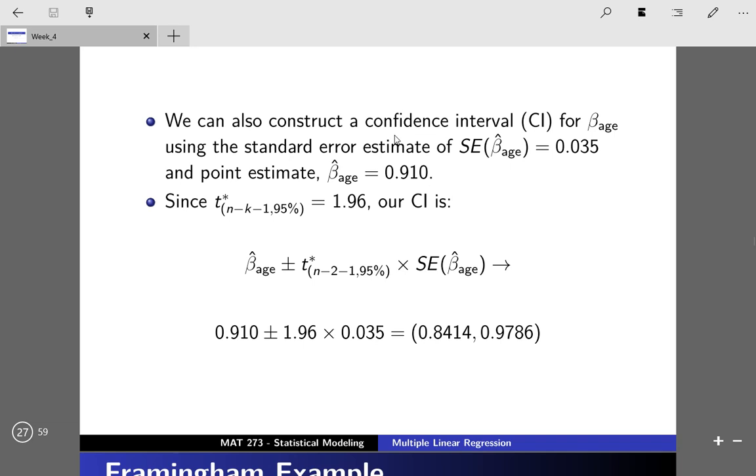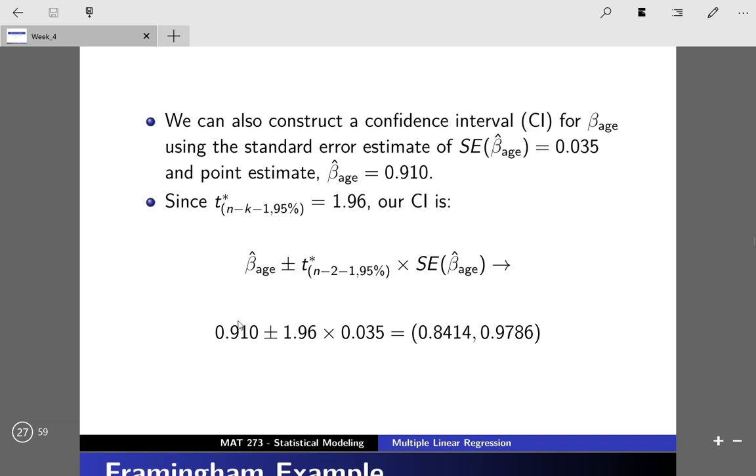To make a confidence interval for this regression coefficient, we use this T-star multiplier, which I will always give you guys. In this case, using R, I found that it's 1.96. It's nearly always about 2. And thus, the confidence interval is given down here.